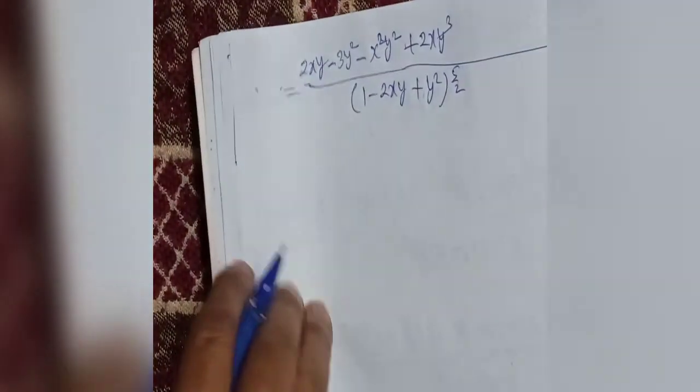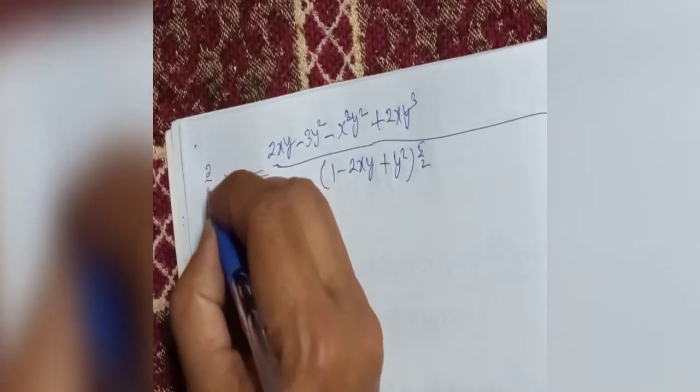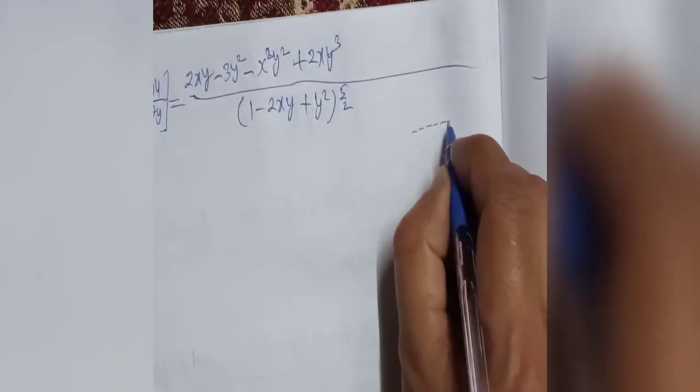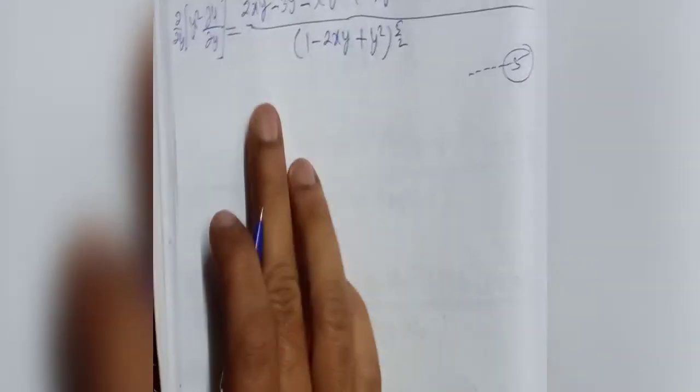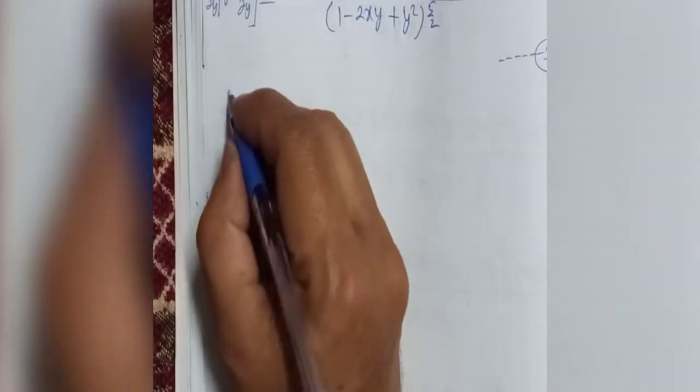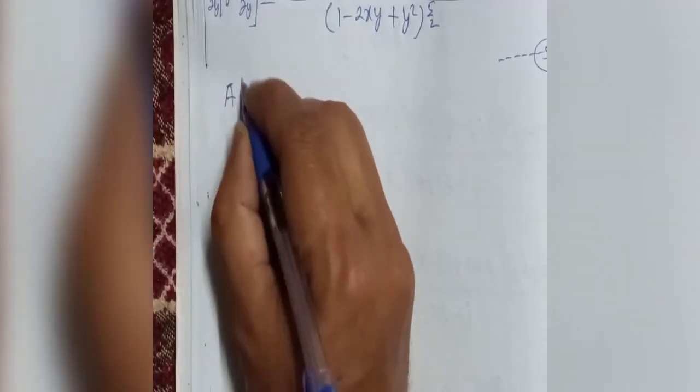We have found the value of del over del y square into del u over del y. I write this value as equation number 5, because we have already given equation number 4, and we will get the result after adding these last two equations, equation 4 and equation 5.